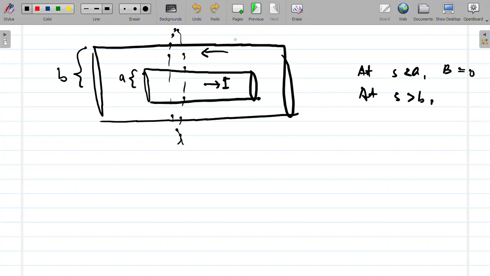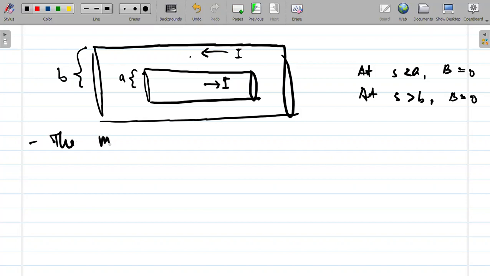Ang net nun ay 0, class. So, bale, ang Ampere's law mo I enclosed is 0, therefore, B is 0. Now, ang meron lang tayong magnetic field actually dito sa gitna, at between the cylinders. So, bale, yun yung hahanapan natin ng magnetic field.